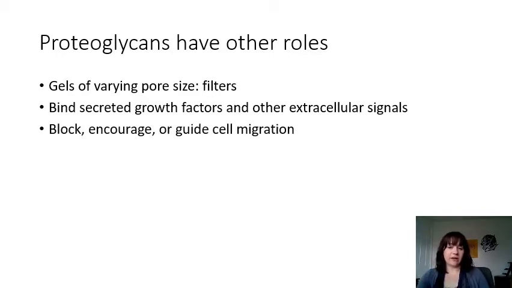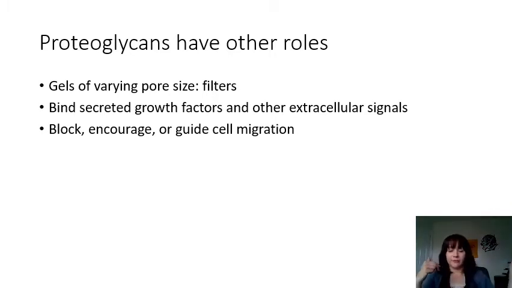So if you're thinking about this as being a limiting factor for cell signaling, you can imagine that the extracellular matrix is going to play an important role in cell migration. There is cell migration that is induced by secreted signals. So a cell may have a signal bind to it on one side, and that tells that cell, all right, I need to migrate in this direction towards the source of that signal.